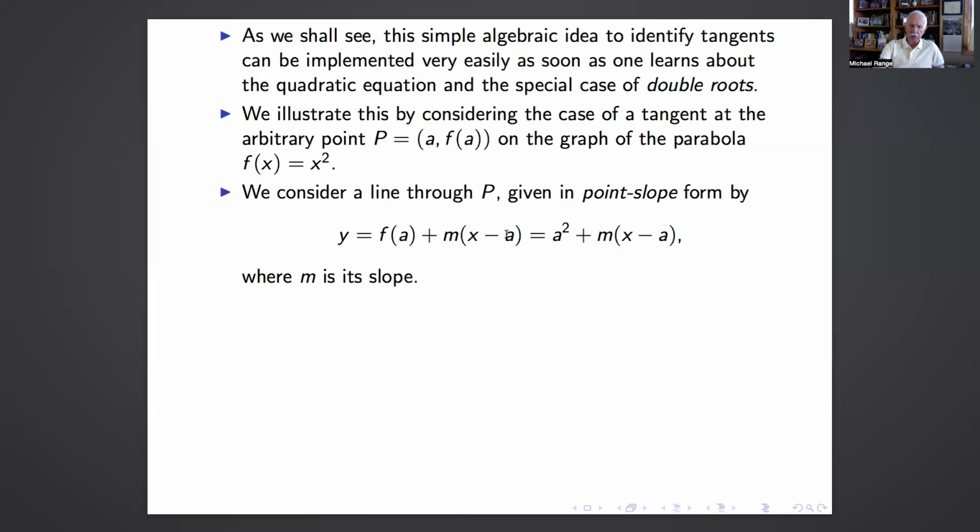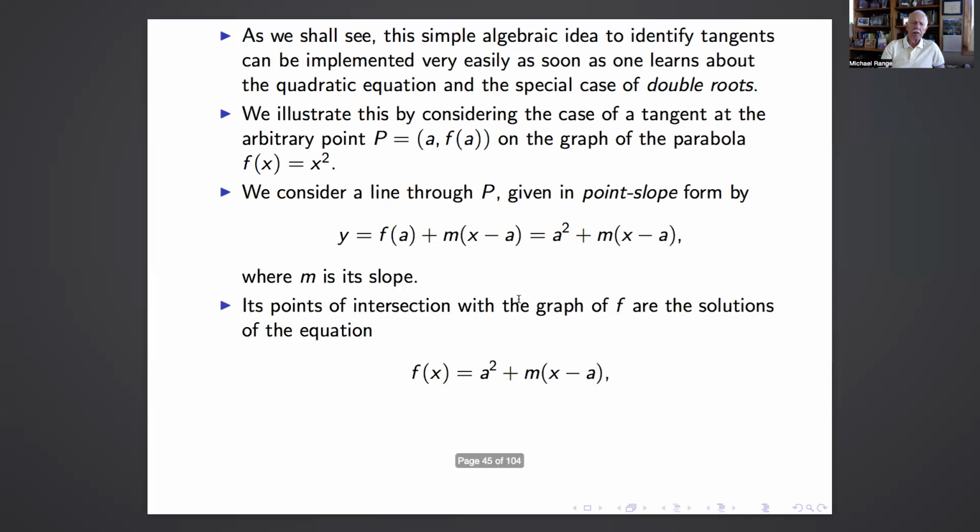When x is equal to a, then of course the value of y is just f(a), which is a^2. So this is the equation of the line. That's why it's called point-slope form. Its points of intersection with the graph of f are the solutions of the equation f(x) equals the equation of the line.